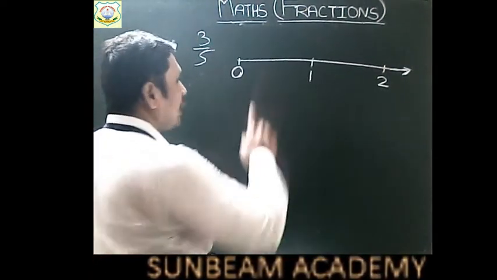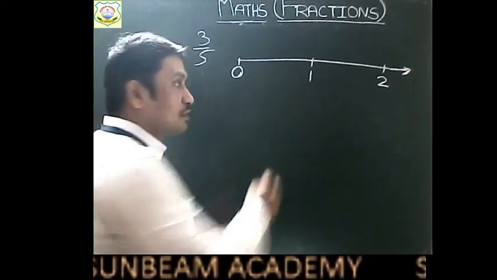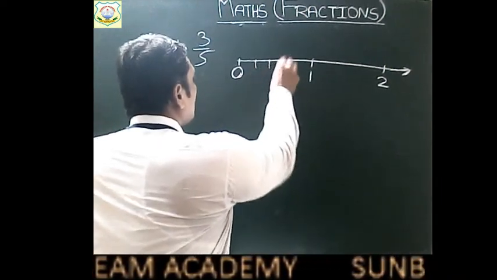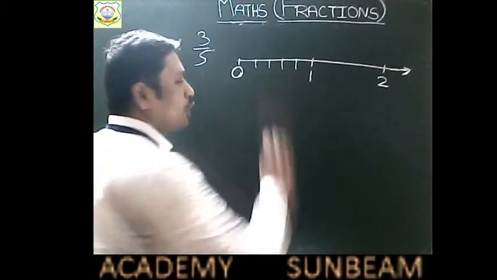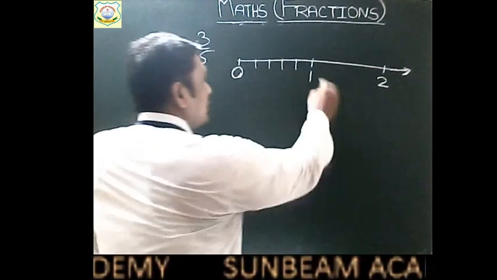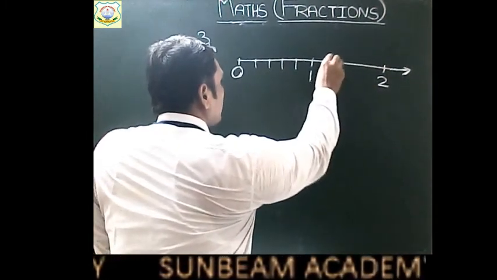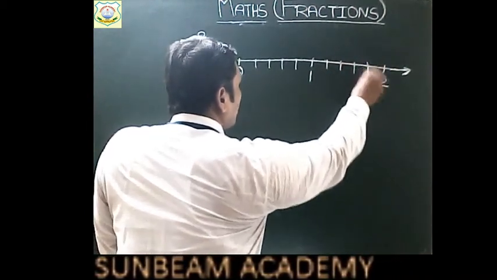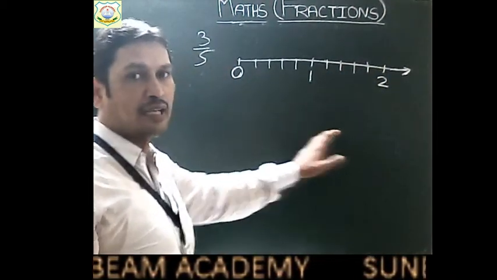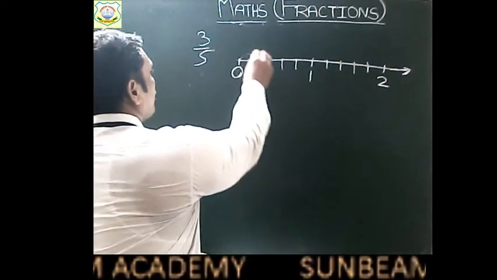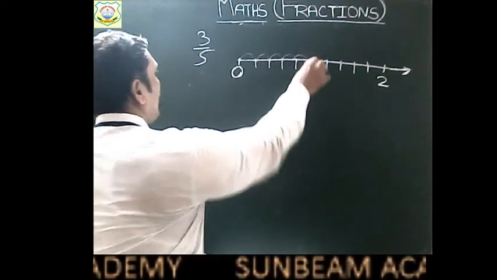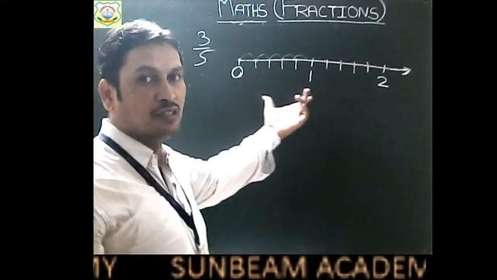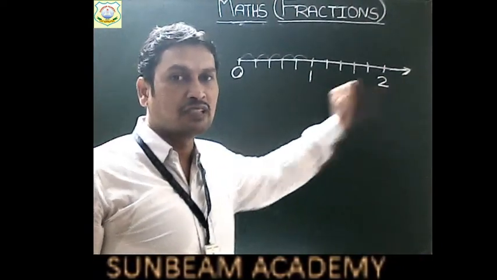From 0 to 1, 5 partitions: 1, 2, 3, 4 and 5th is on 1. Again between 1 and 2, make 1, 2, 3, 4 and the 5th is on 2. So we have made 5 partitions between 0 and 1, and similarly 5 partitions between 1 and 2.